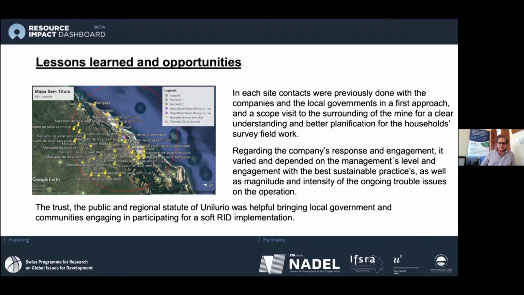To start the RID implementation as early as possible in the mine life cycle, in a less troubled period, will facilitate a better company engagement and participation for sure. The trust, and the public and regional status of Lurio, was helpful, bringing local government and communities to engage and participate for a smooth RID implementation.